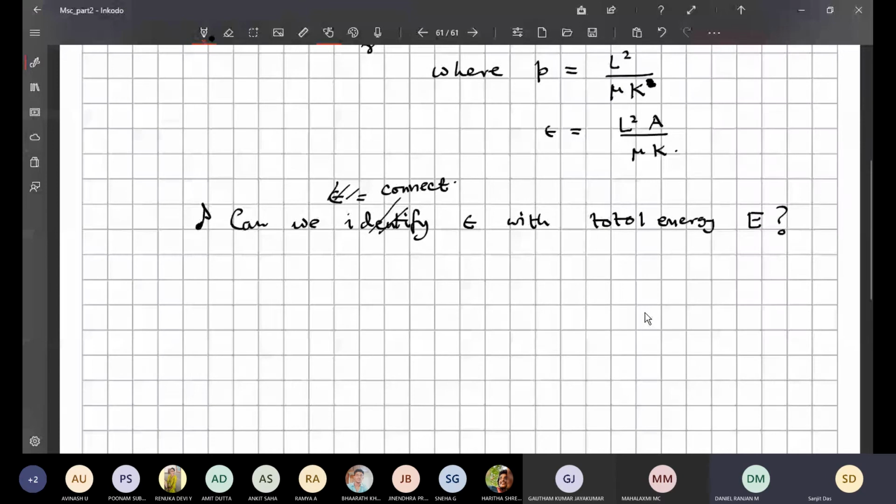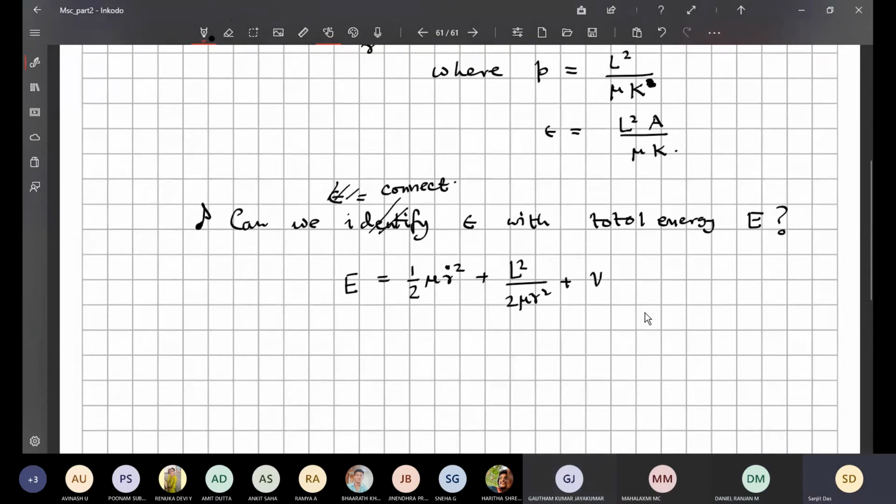So the energy is coming actually from here. If you remember, this is nothing but half mu r dot square plus what? See, it is given now in the formula: L squared by 2 mu r squared plus V. Now in this case, what is V?